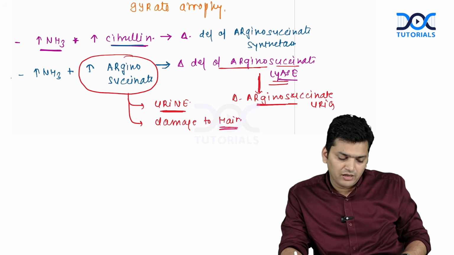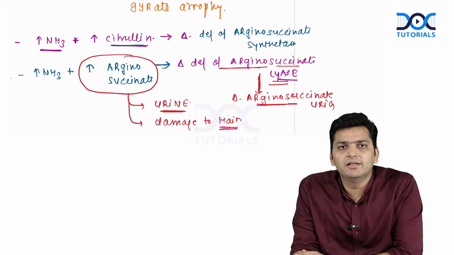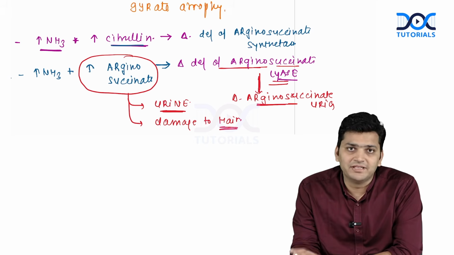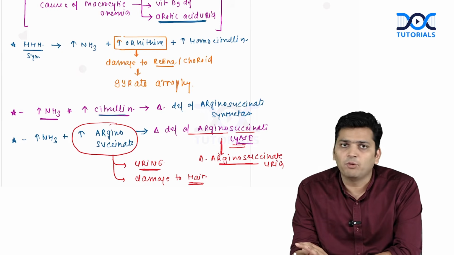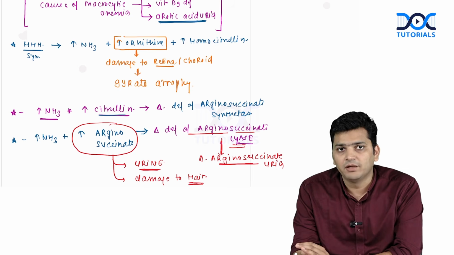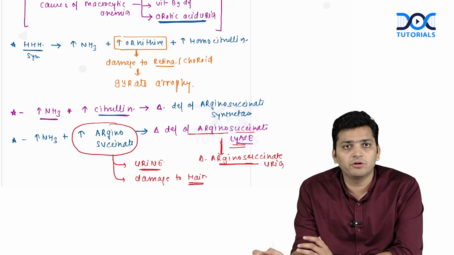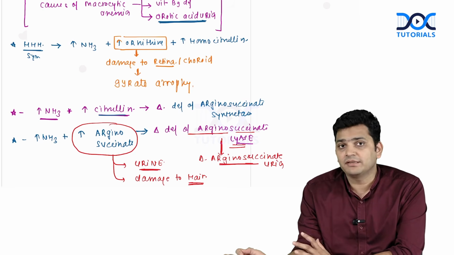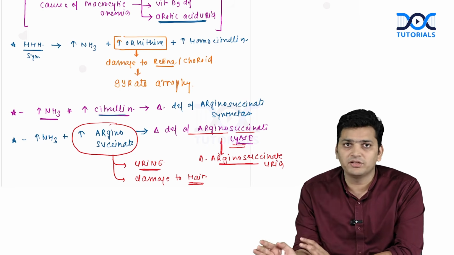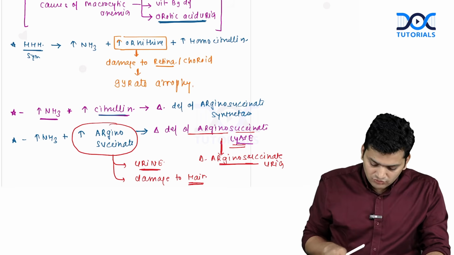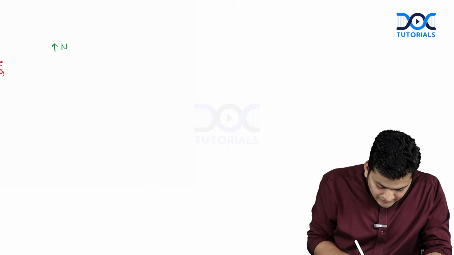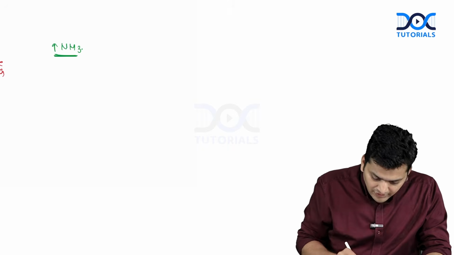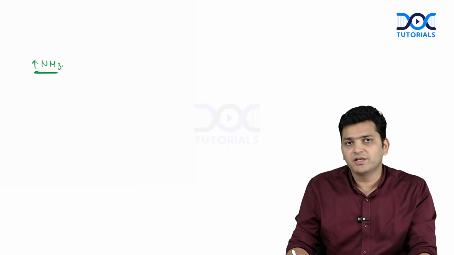I know that it might look a little difficult because we have discussed a total of 5 diseases related to the urea cycle, but all 5 are important to remember for your exam, and you should be fast enough to make the diagnosis in the exam, that it should not take more than 30 seconds to decide what the disease is. So just to summarize this entire data, I can say like this: whenever there is increase in the ammonia, there are 5 diagnoses that should come to your mind.